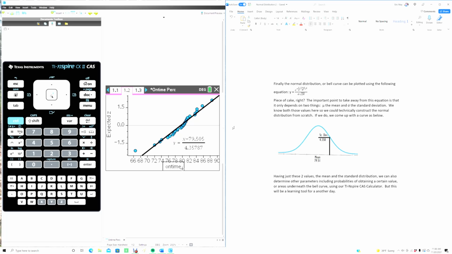Now we know both those values here, so we could technically construct the normal distribution from scratch. If we do, we come up with the curve as below, which shows the mean and the standard deviation. Now if we have these values, we can also determine other parameters, including the probabilities of obtaining a certain value or areas underneath the bell curve using our TI-Nspire calculator, but this will be a learning tool for another day.